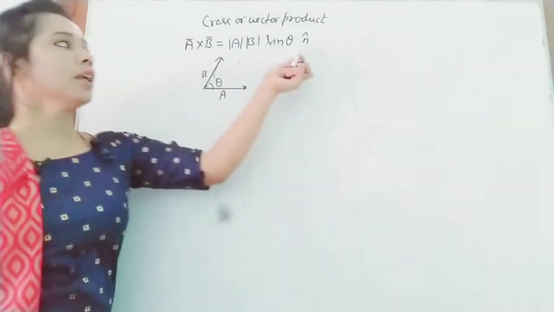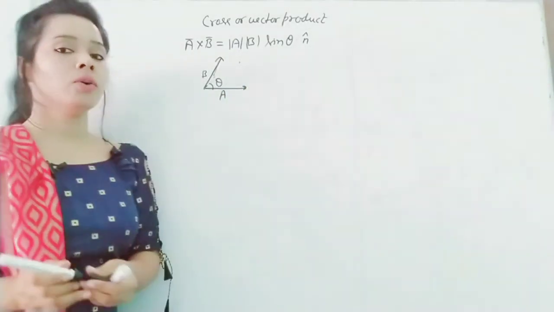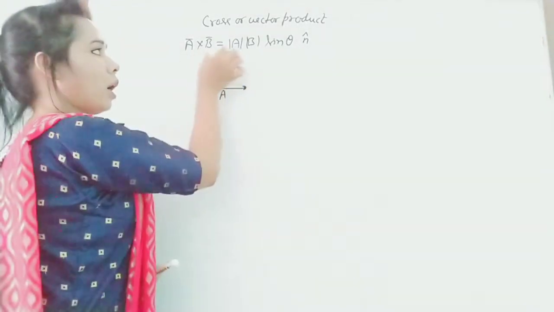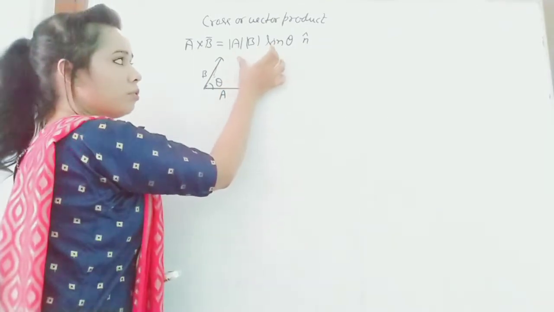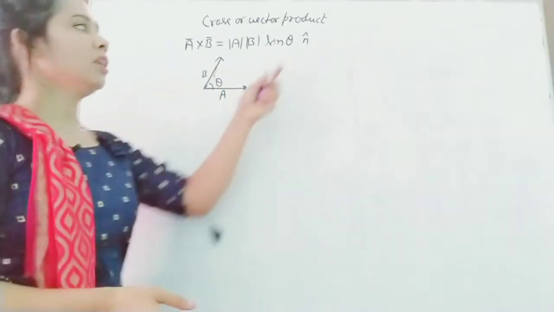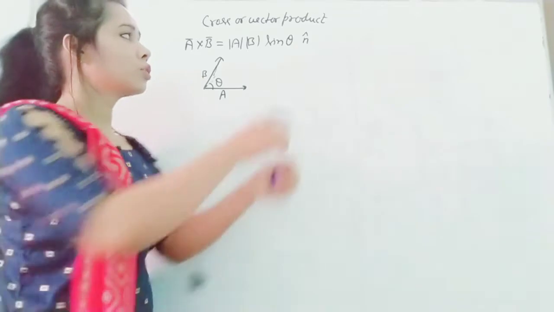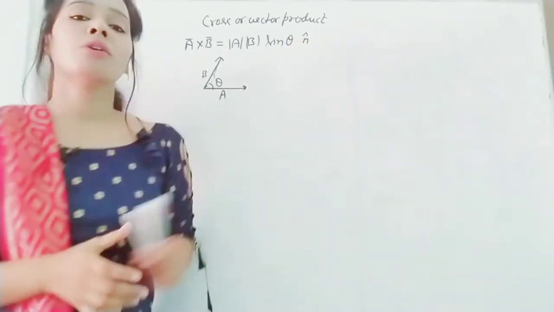This unit vector n shows direction. Whatever we find after the cross product will be a vector, which has direction, so this unit vector n will show the direction.